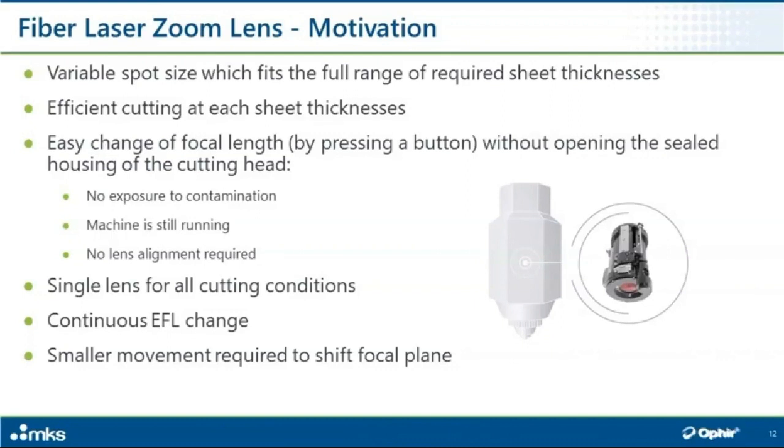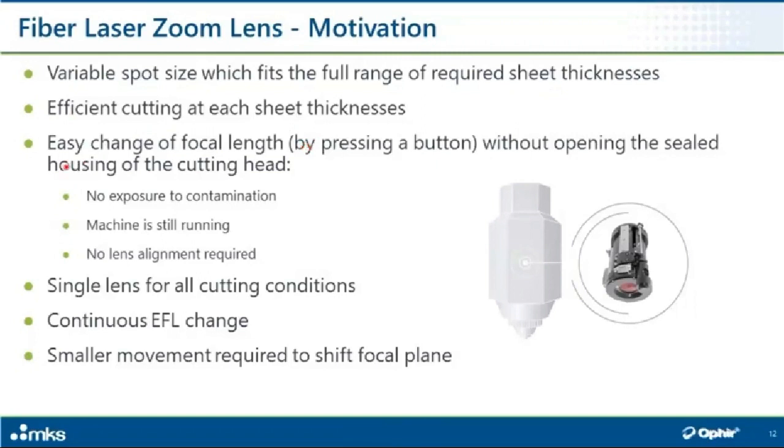By using this zoom lens, we can achieve a variable spot size which fits the full range of required sheet thicknesses in a single lens. So one lens is good for all cutting conditions. And we can get efficient cutting at each thickness with the same lens.